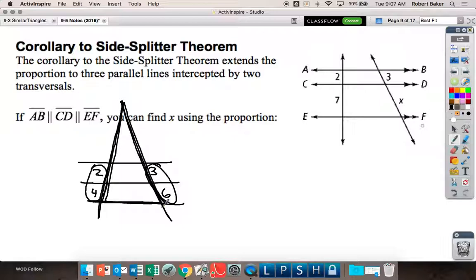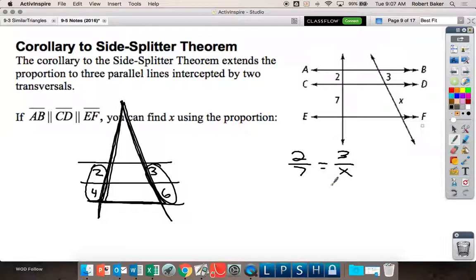So this is called the corollary for the side-splitter theorem. It's just a disguised version of the side-splitter theorem. So in this scenario over here, we would have 2 over 7 is equal to 3 over x. Then you would cross multiply and solve from there. It will work.